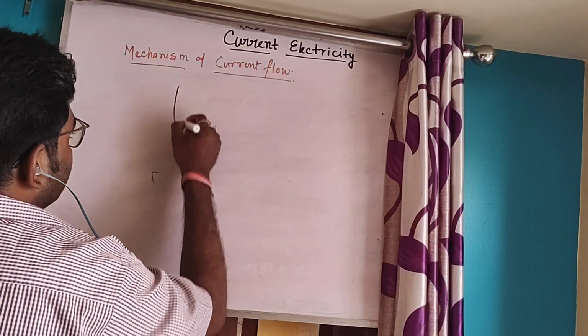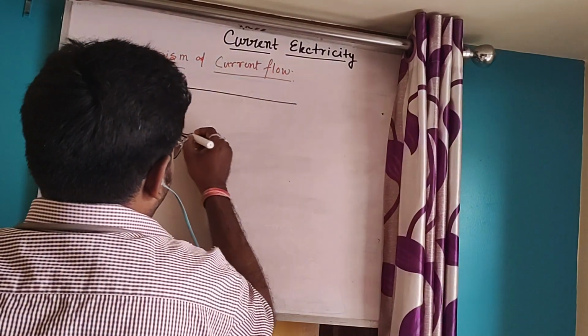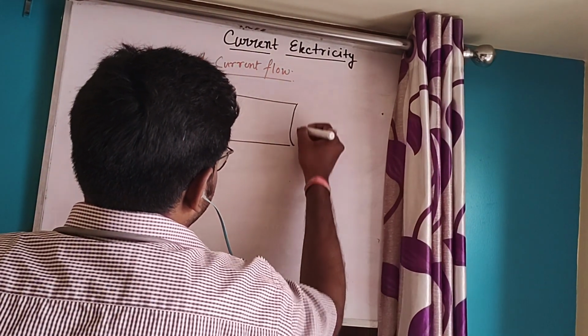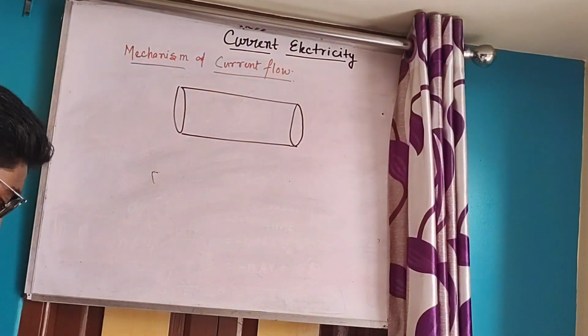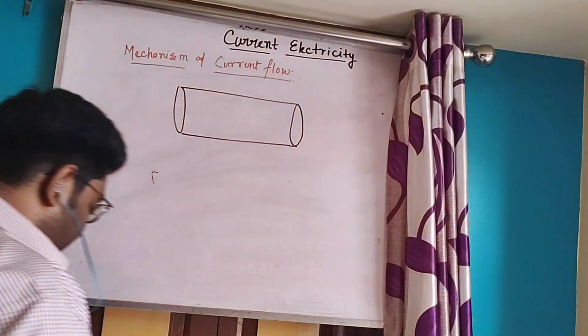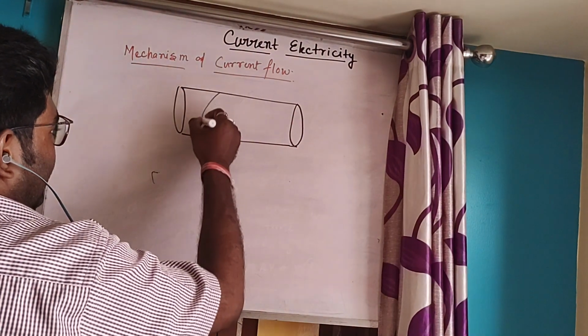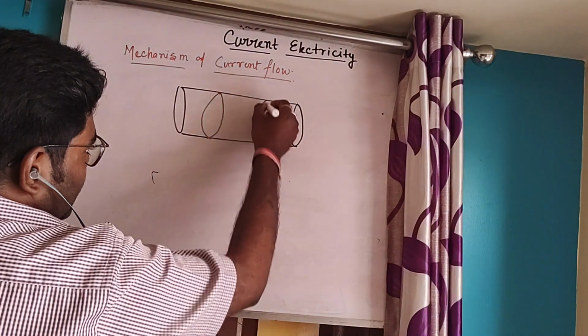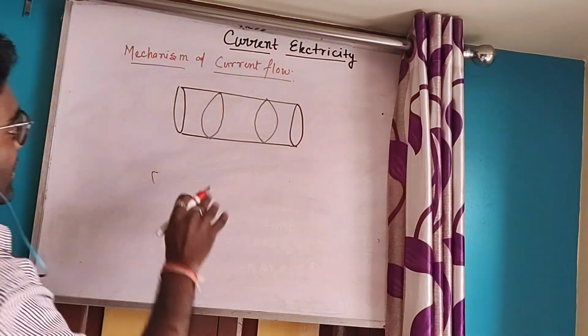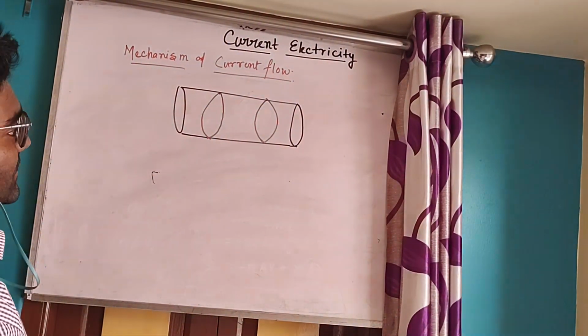So let's first draw a conductor. Okay, so this is a conductor. Now I will mark an area on it, a cross section, and also another cross section.